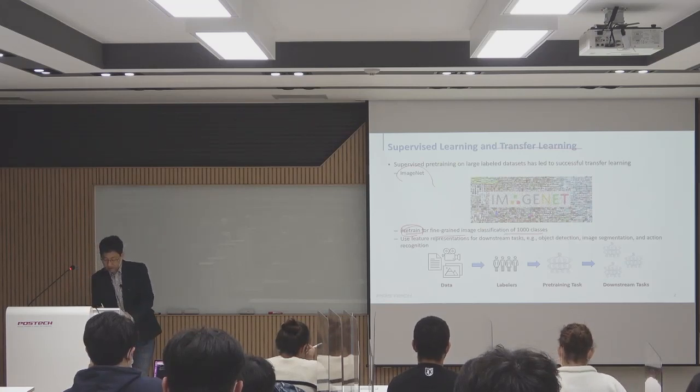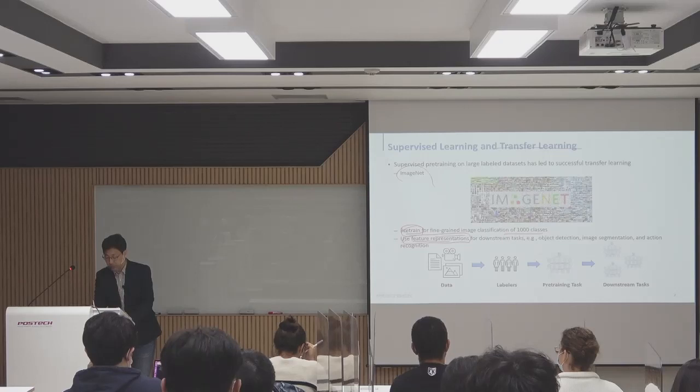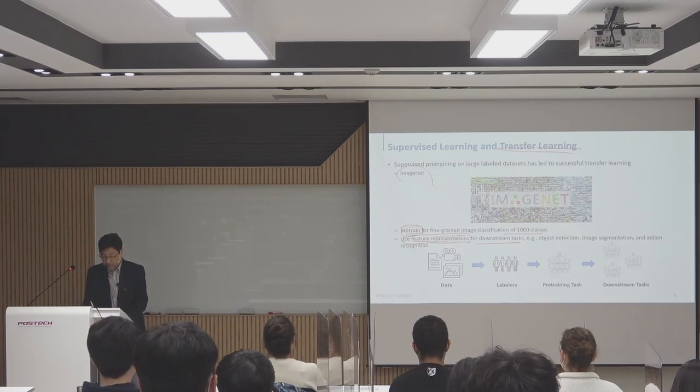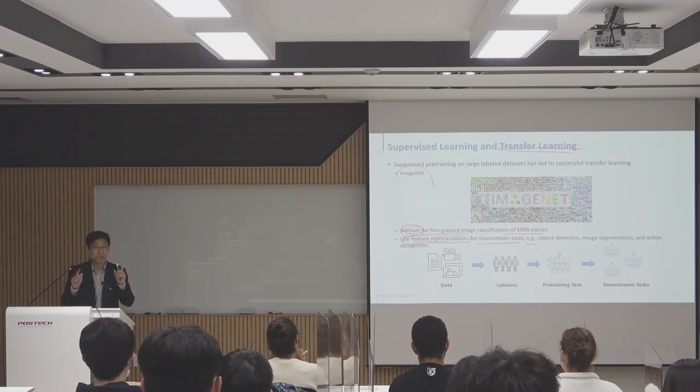And we use feature representations from the pre-trained models. The purpose of transfer learning is to use those extracted feature representations for downstream tasks. What kind of downstream tasks? We have many: another classification for a specific task, or object detection, image segmentation, and whatever. We call it a downstream task.